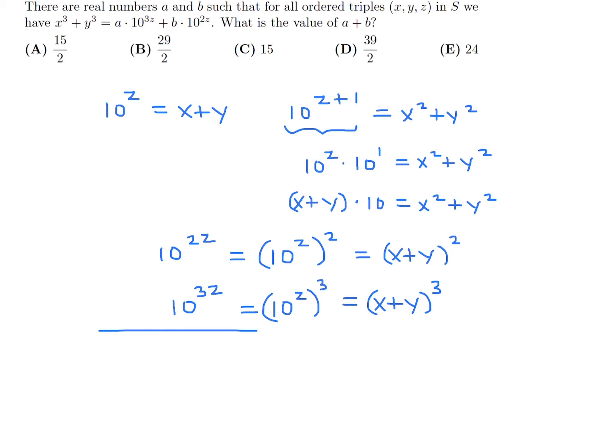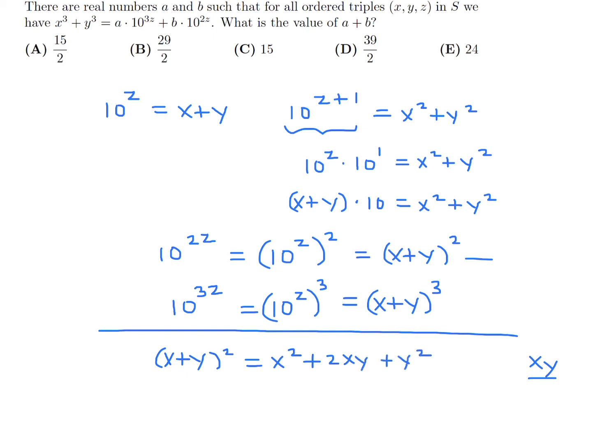Now, we're probably going to need the value of xy, because I can see there's a lot of x plus y, and if you do the square of it, you're going to get x squared plus y squared plus 2xy, right? So this is something that I'm probably going to need, and I can figure that out with what we have so far. Because x plus y, if you were to square it, you get x squared plus 2xy plus y squared, right?